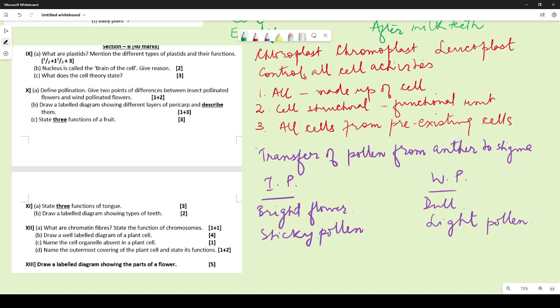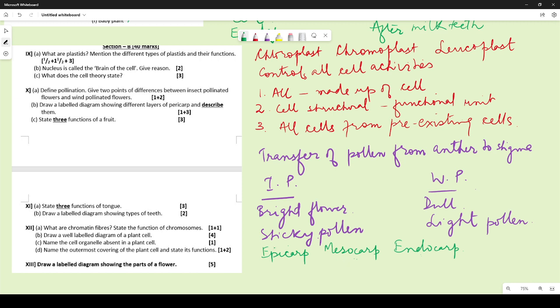So let me just write the names over here. They are the epicarp, the mesocarp and the endocarp. So those are the 3 layers. Mesocarp is the fleshy part, and the endocarp is the last layer which protects the seed inside it. So you know how to draw the diagram, and you describe them.